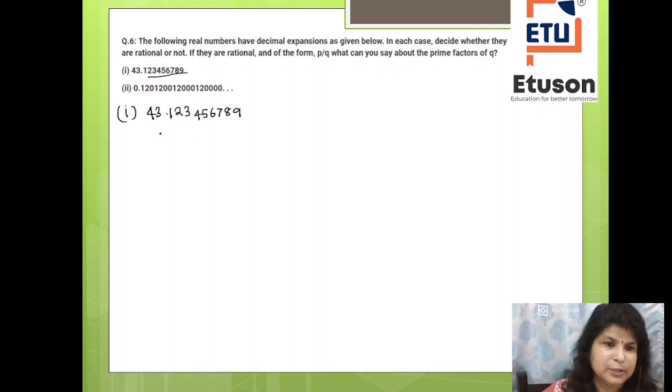43.123456789. What kind of decimal expansion? It is a terminating decimal.